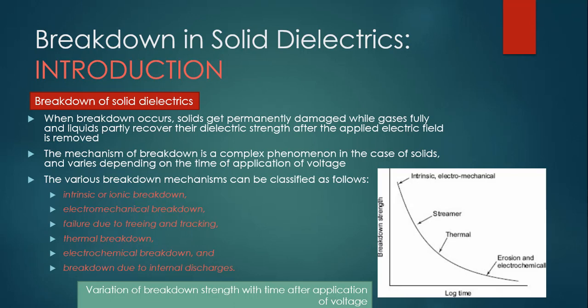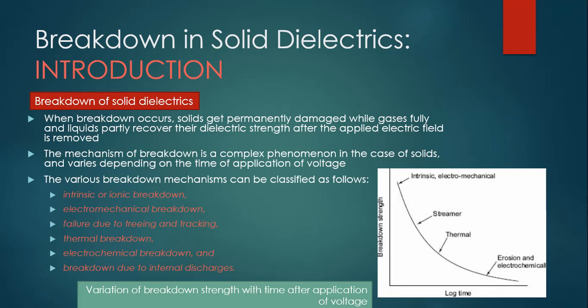The mechanism of breakdown is a complex phenomenon, and in the case of solids it varies depending on the time of application of voltage. Now we'll be talking about the various breakdown mechanisms that are there. One of them is the intrinsic or ionic breakdown.